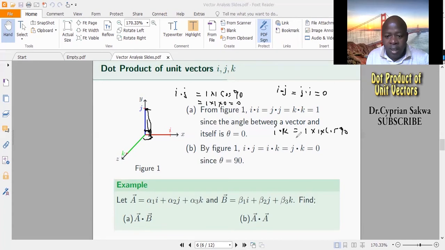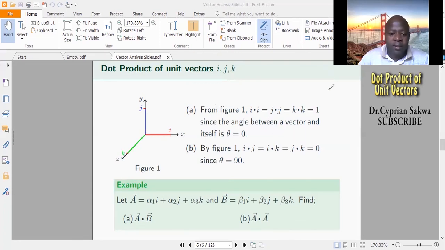So the entire right hand side will be 0. That is why i dot j is the same as i dot k, the same as j dot k, and is the same as 0, because the angle between them is 90. So that's how we find the dot product of the unit vectors.